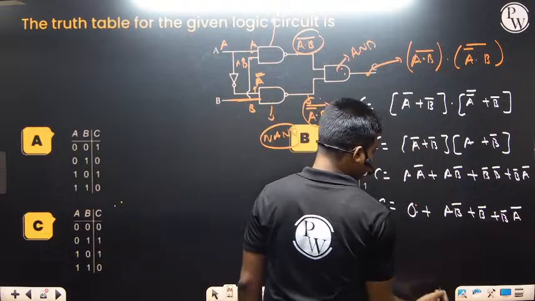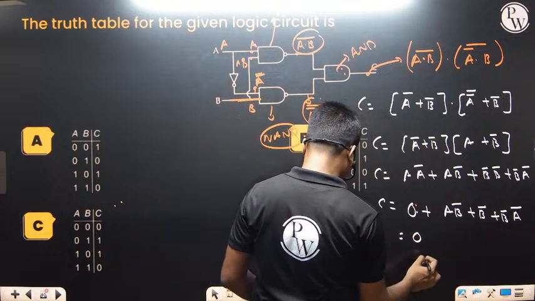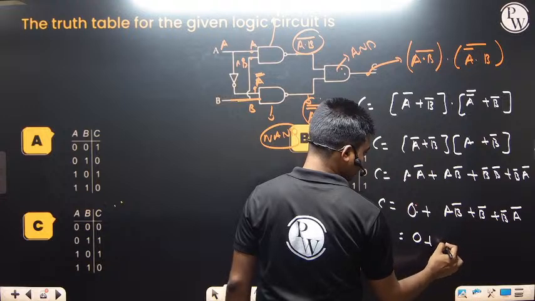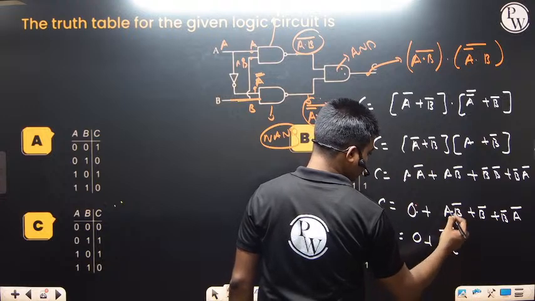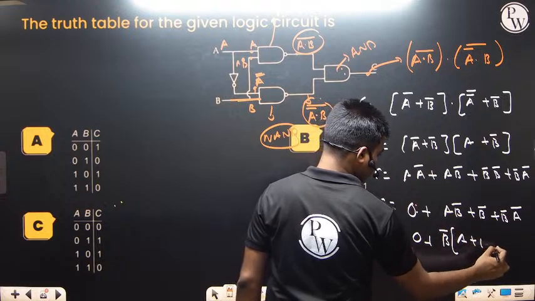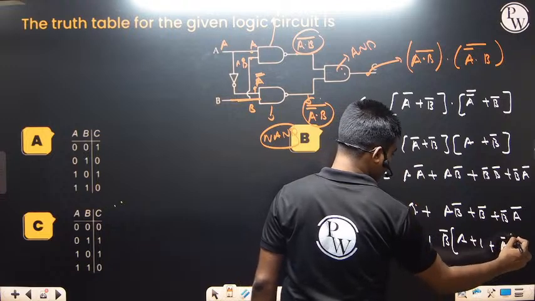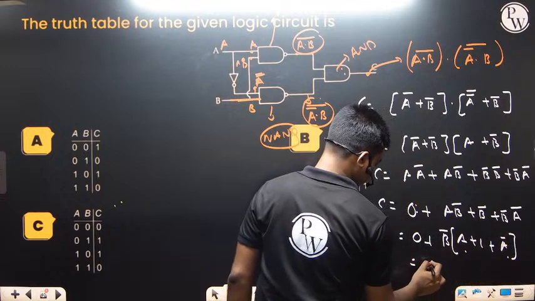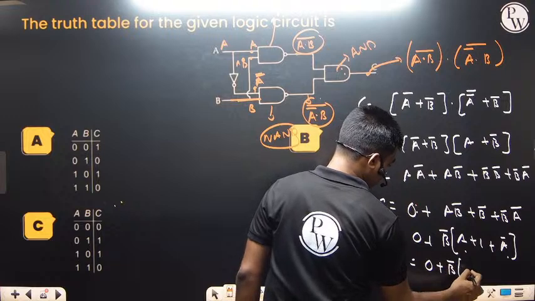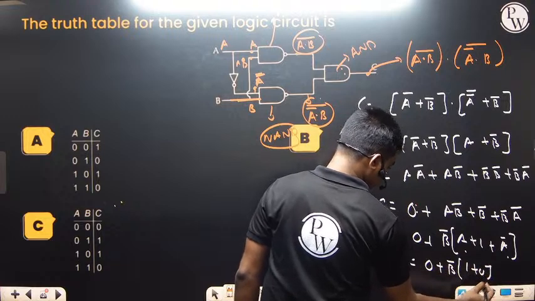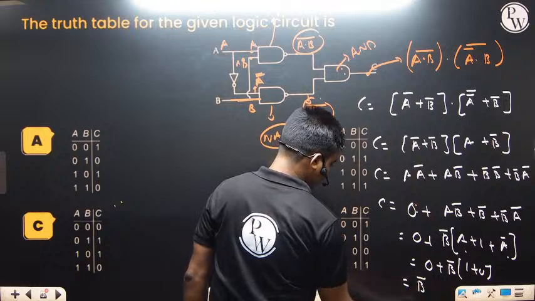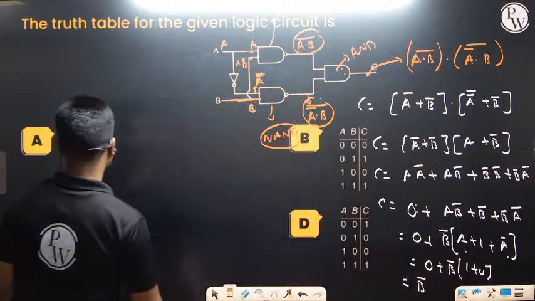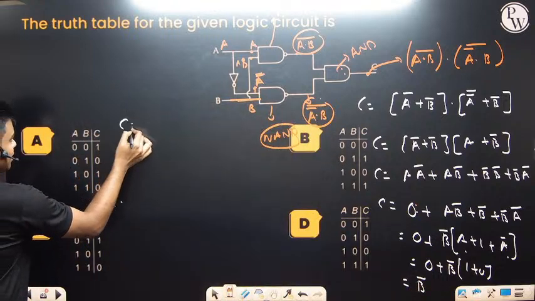If I take B bar common, we get A plus 1 plus A bar. A plus A bar is 1, so we get B bar. The final output should be B bar. So C is equal to B bar.